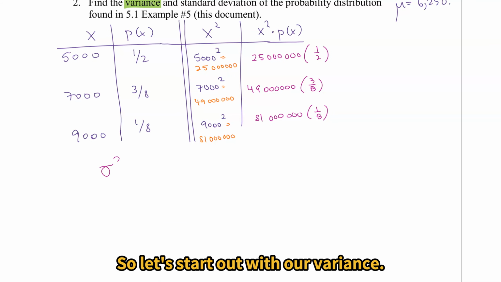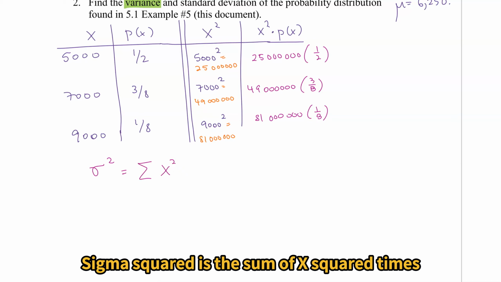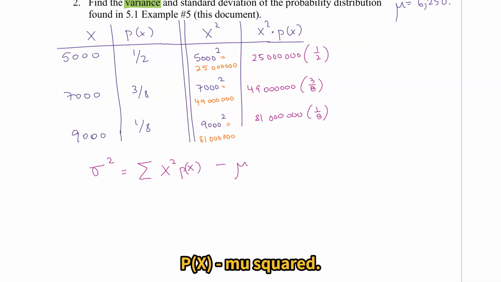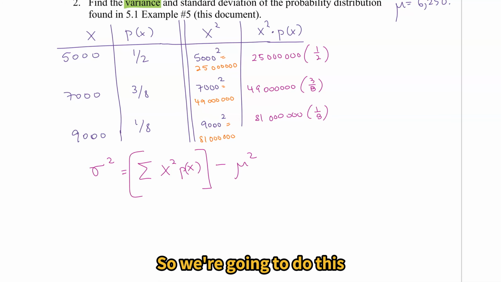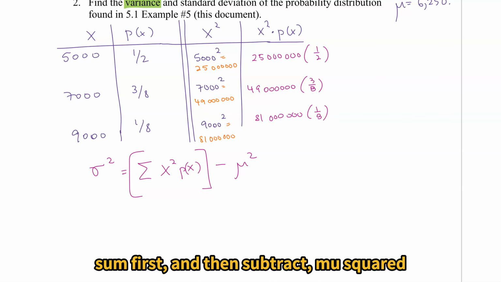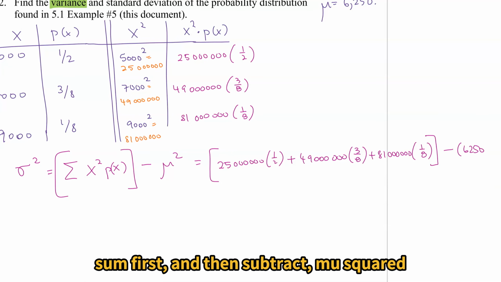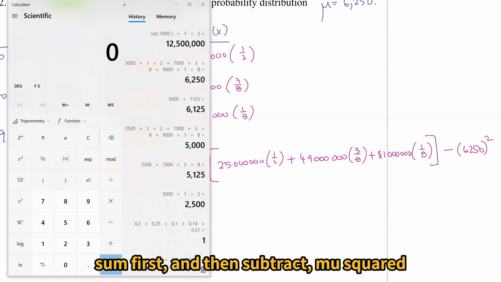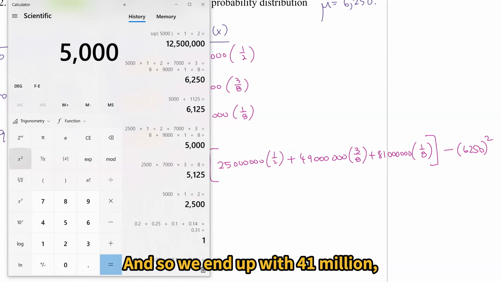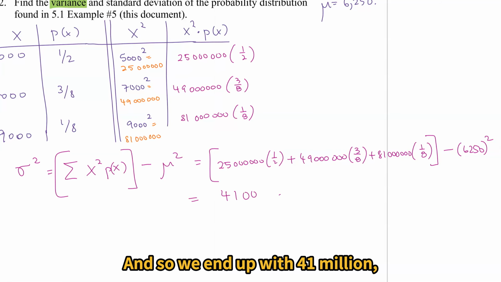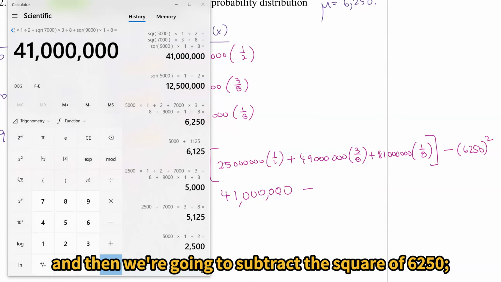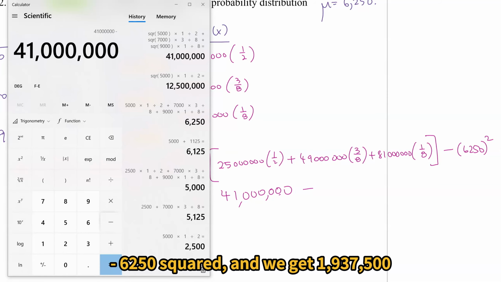So let's start out with our variance. Sigma squared is the sum of x squared times p of x minus mu squared. So we're going to do the sum first and then subtract mu squared. And so we end up with 41 million, and then we're going to subtract the square of 6,250.